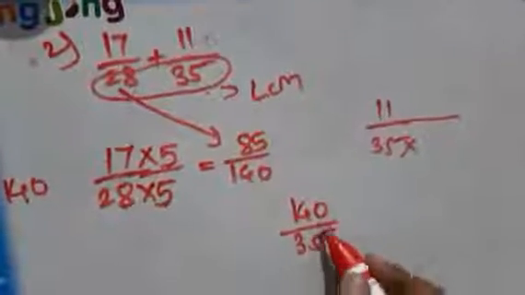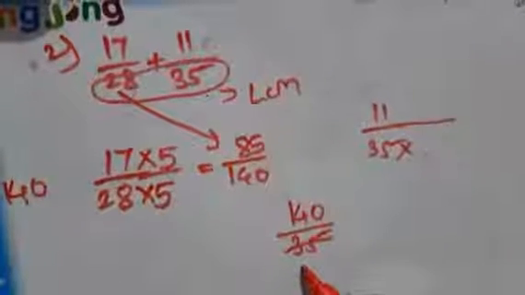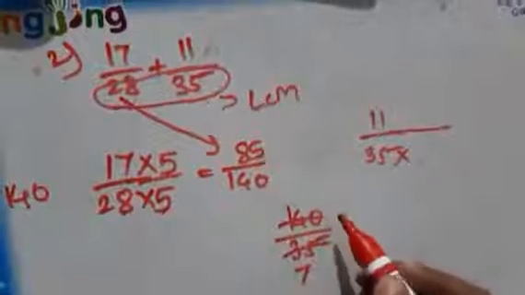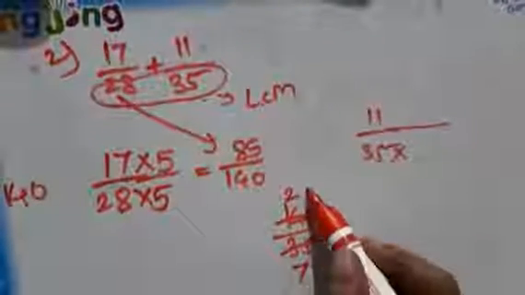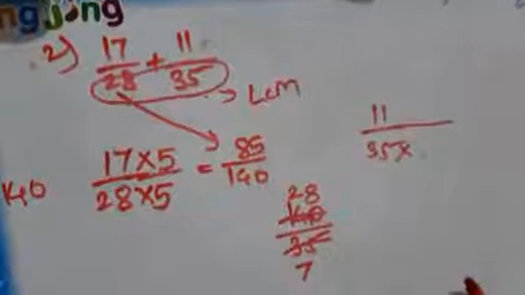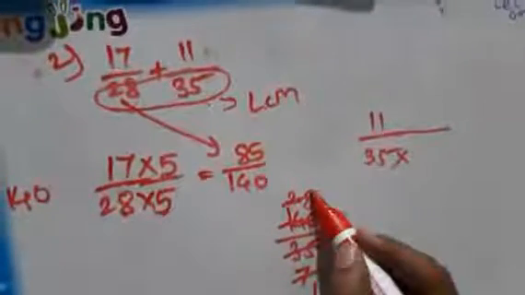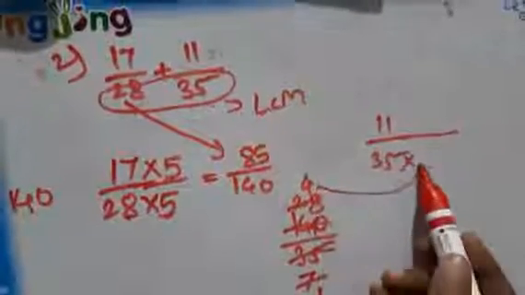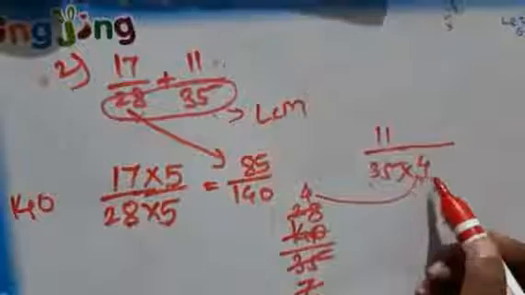Both numbers come in the 5's table, we will check. 5 7s are 35, and above it 5 2s are 10, 4 will remain, 5 8s are 40. So 7 1s are 7, 7 4s are 28. What is the question? That you have to write here: 35 into 4.